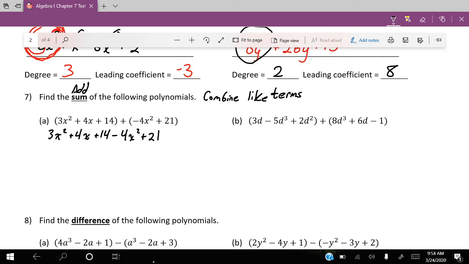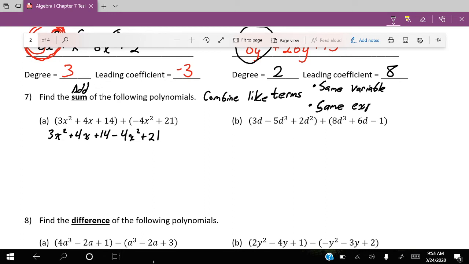Now I'm going to rearrange terms so that they're next to their like term. A like term has to have two things to combine. It has to have the same variable, and it has to have the same exponent.